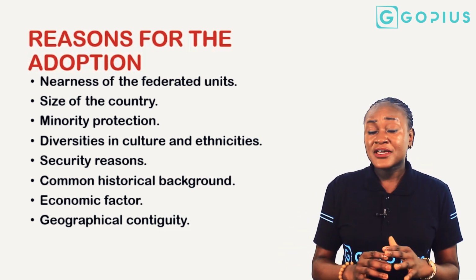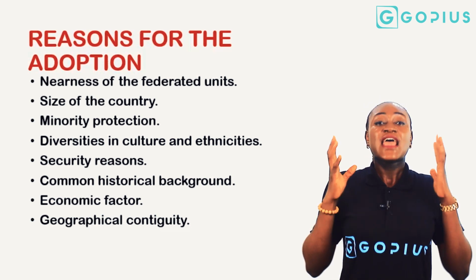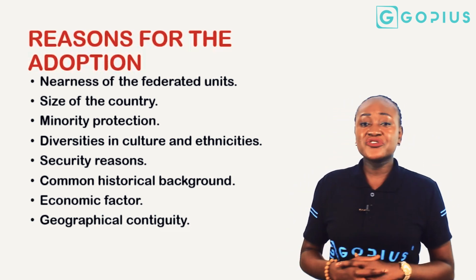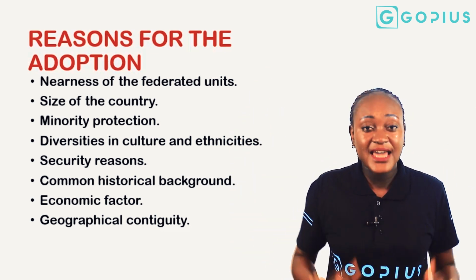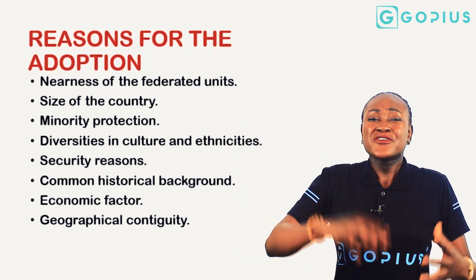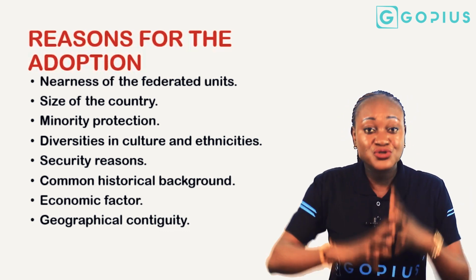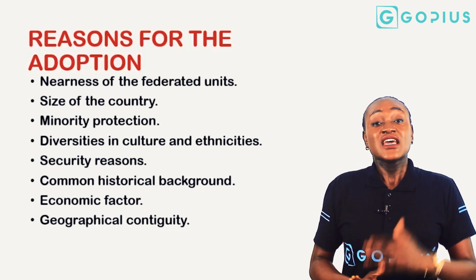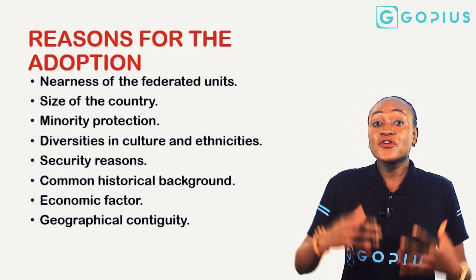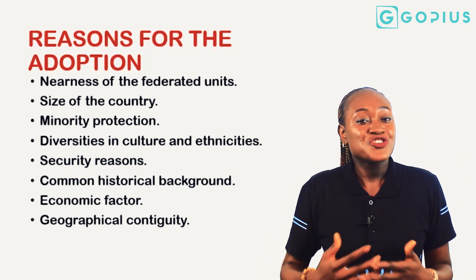Now, it's also applicable for countries that have diversities in culture and ethnicity. And for security reasons, so when we have a pool of so many states coming together as a country, you find out they have so much strength, military strength and force to defend their country. And common historical background: if you were colonized or if you had a master, it is very much possible that you would take after your master.